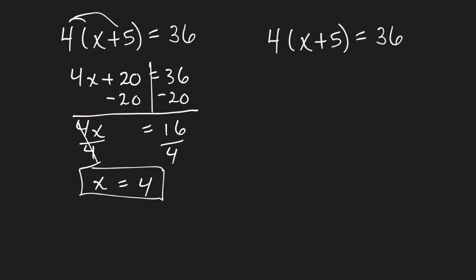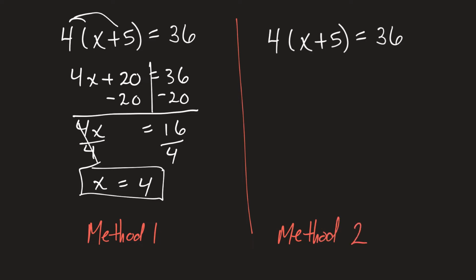And I will separate this. You can use method 1, or there is another method, and I'll call it method 2. In this way, we would divide by 4, because that's 4 times, and there's nothing in there, so we assume it's multiplication, times everything in here. Just like we had here, multiplication, and we divided by 4, we would divide by 4 right here too.